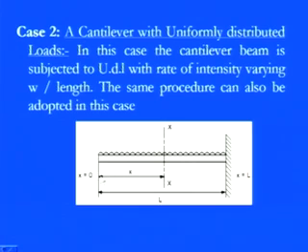Again at x equals 0 these conditions are there, and at x equals L these conditions are there. So we have to be very careful about how the conditions vary at x equals 0, the beginning point, and at x equals L, the end point, and the total entire length is L. Again we need to cut the section at XX, at a distance of x from the left hand portion.